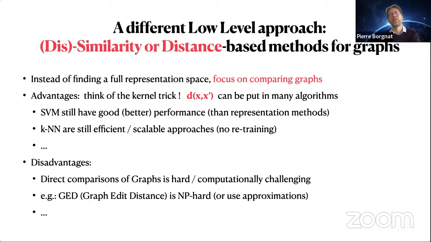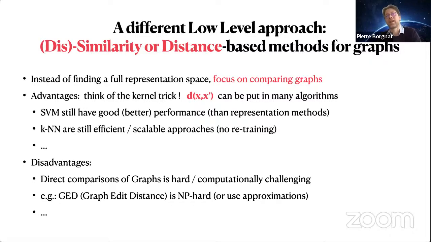And we know that instead of finding a full representation space, just the comparison of graphs can open the possibility to use many methods for attributed graphs. This is a trick that is well known since people were doing machine learning with kernels and distances. You say, if you build a good distance between two entities that you want to compare, X can be a graph, X prime another graph, if you have a good and representative distance between them, then you can use many different methods: SVM, like in the 90s, KNN, and these methods still have good performance.